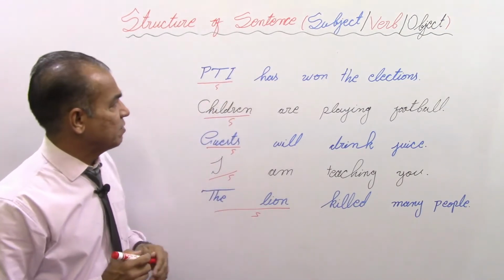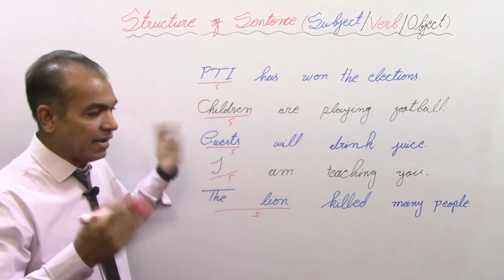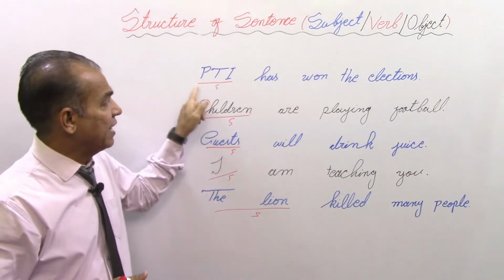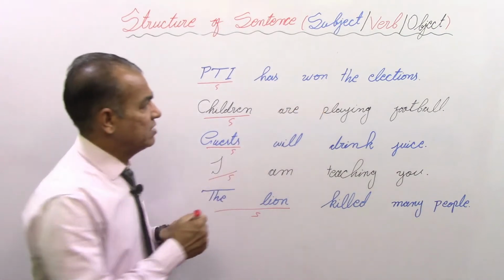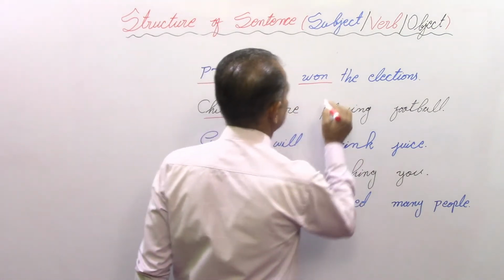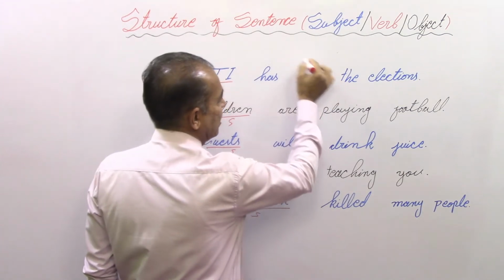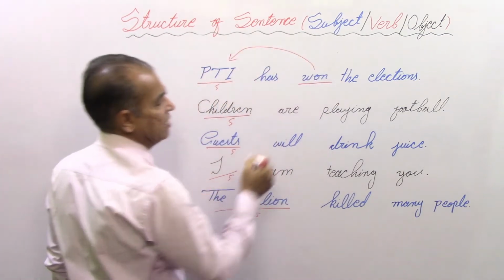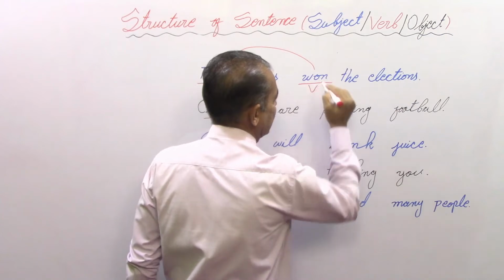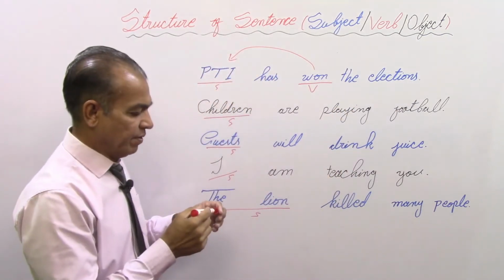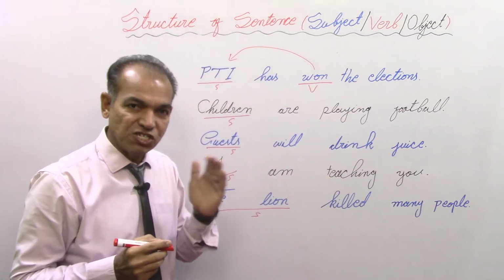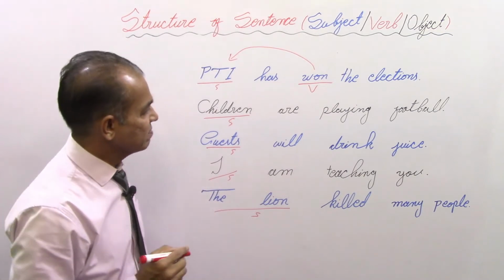PTI has done something. What has PTI done? PTI has won the election. This is the action which was performed by PTI. So the word which shows some action or state is called the verb of the sentence.